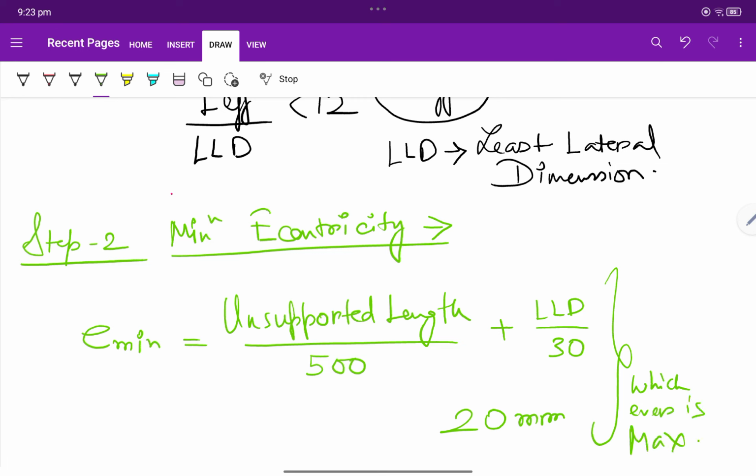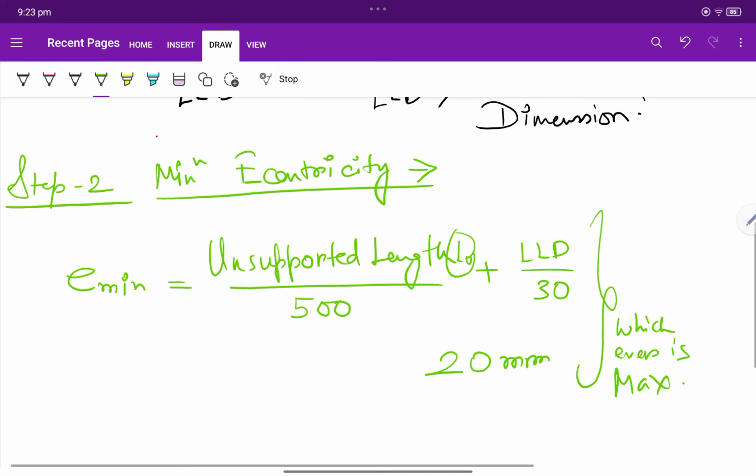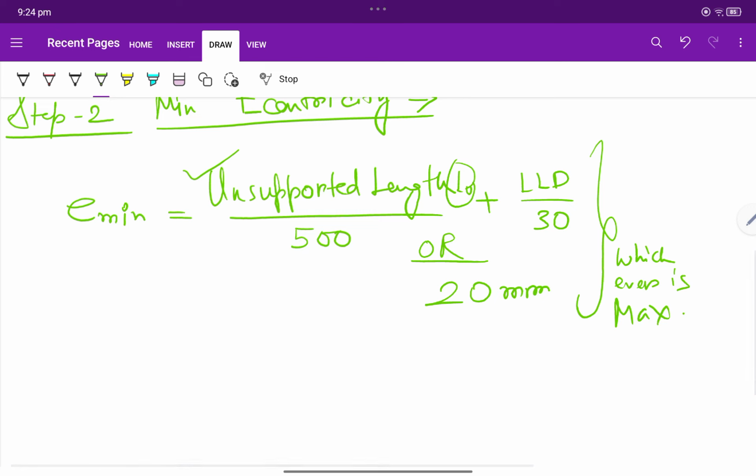The unsupported length can be written as L naught also, and it can also be the L effective value. So this is the E minimum formula.